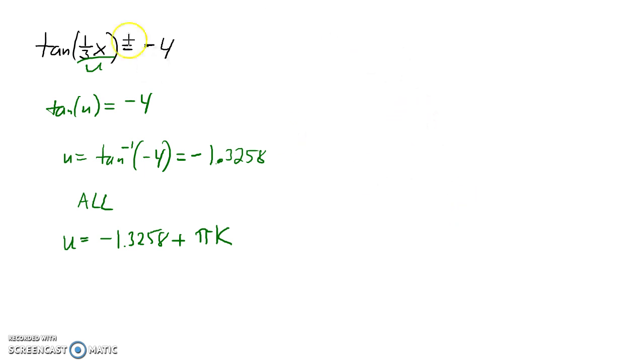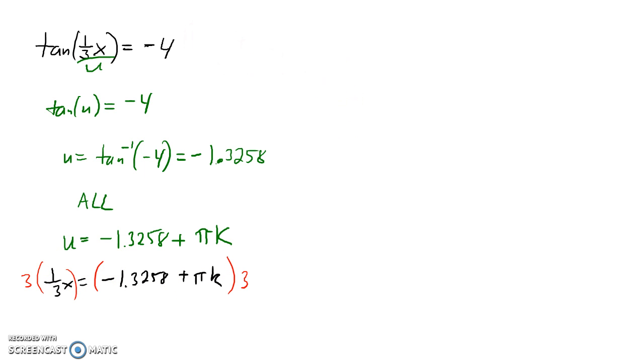Now that we have that, we can go ahead and undo our substitution. We can say 1/3 x equals -1.3258 plus pi k. In order to solve for x, we can multiply both sides by 3.